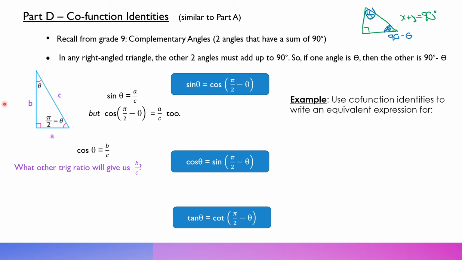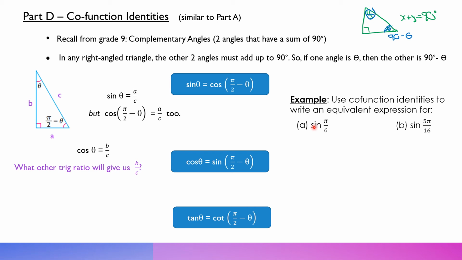Let's do an example. Use cofunction identities to write an equivalent expression for, we've got two of them. The clue in the question is we have to use cofunction identities. So I can't say sine of pi over 6 is equal to sine of, and then use sine again. I have to use its cofunction. So I have to write sine in terms of cos.